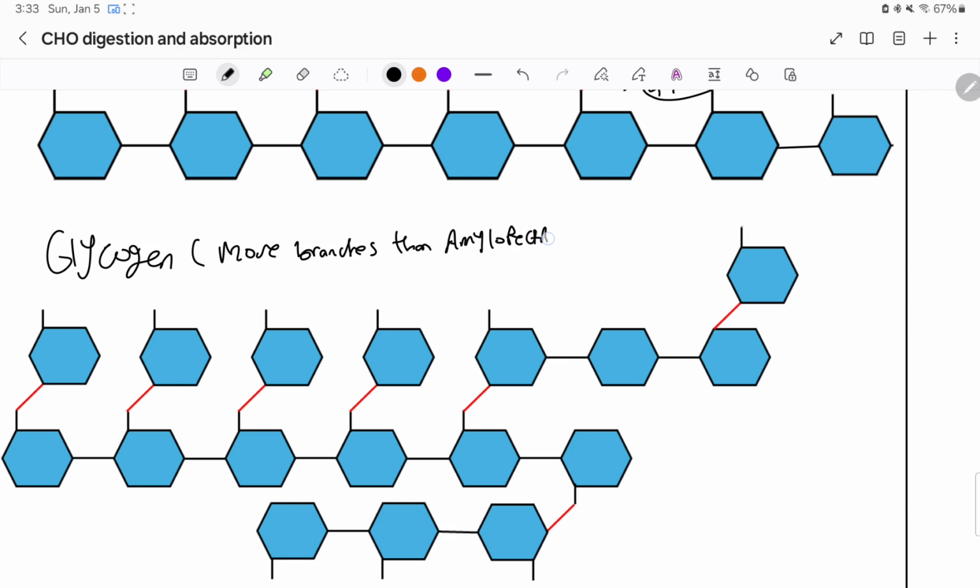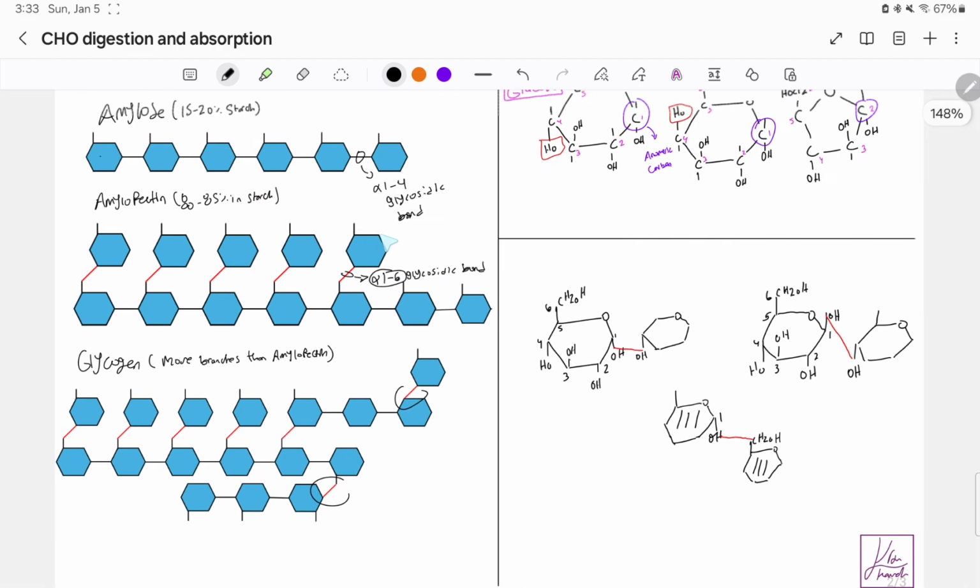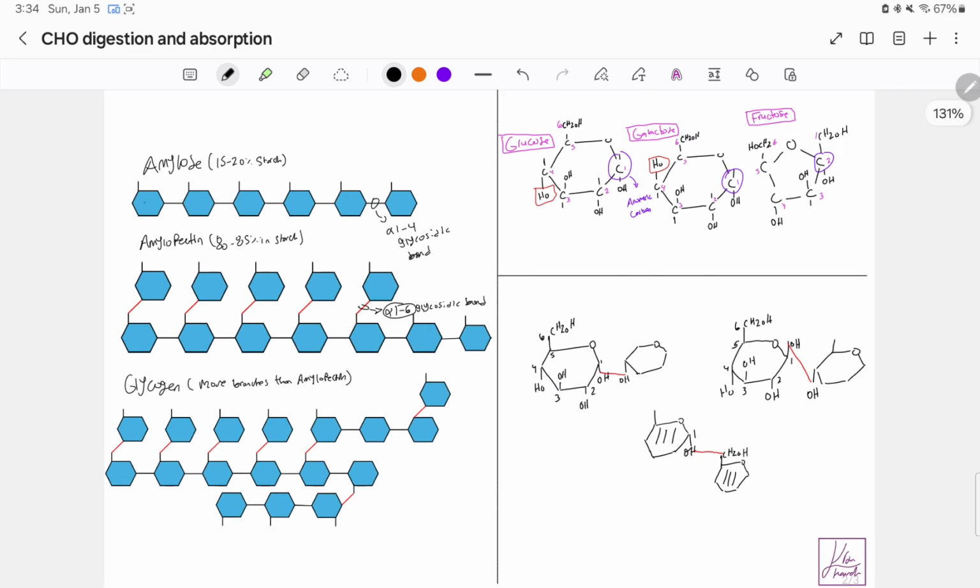Okay? So glycogen has more branches than amylopectin, and you can see that here, right? So there's a branch here and here that we didn't have before, okay? Again, remember, all of these branches are possible only because of this red bond here, which was called an alpha 1,6 bond.